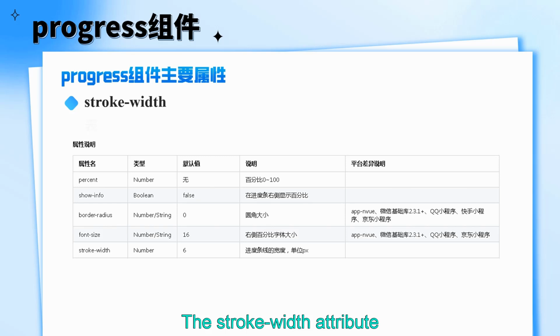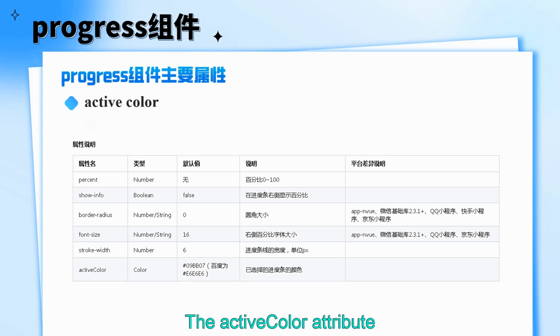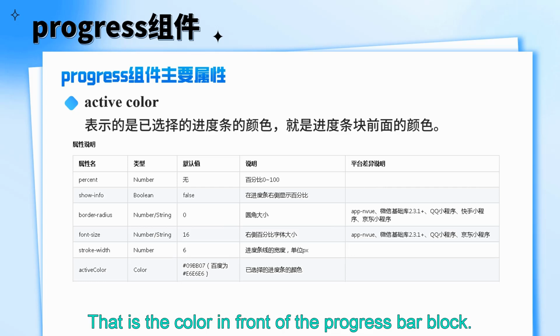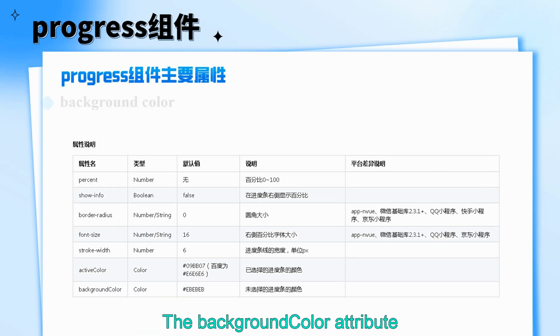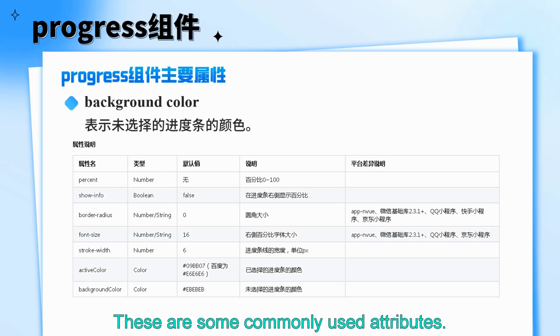The stroke width attribute indicates the width of the progress bar. The activeColor attribute indicates the color of the selected progress bar, that is the color in front of the progress bar block. The background color attribute indicates the color of the unselected progress bar. These are some commonly used attributes.